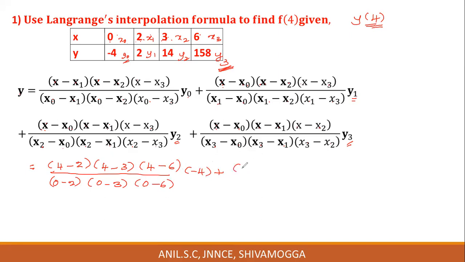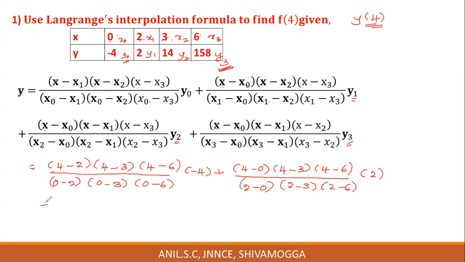x minus x0, x is 4, x0 is 0. 4 minus 0, 4 minus x2 is 3, 4 minus x3 is 6. This divided by x1 minus x0, x1 is 2. 2 minus 0, 2 minus 3, and 2 minus 6 into y1, and y1 is 2, plus.